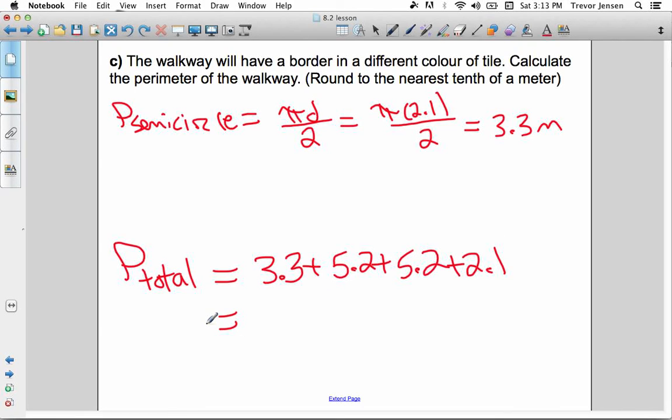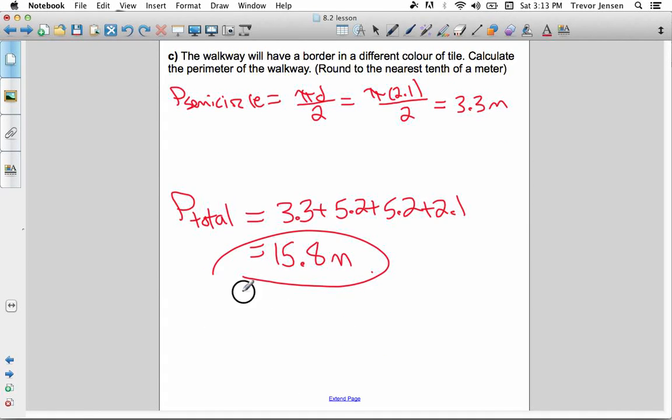Add all of those together, so I have 3.3 plus 5.2 plus another 5.2 plus a 2.1, and I get 15.8 meters, and that's my total perimeter of the walkway. So you'd write the total perimeter of your walkway is 15.8 meters, rounded to the nearest tenth. Remember, nearest tenth means 1 decimal place, and that's what I've done.